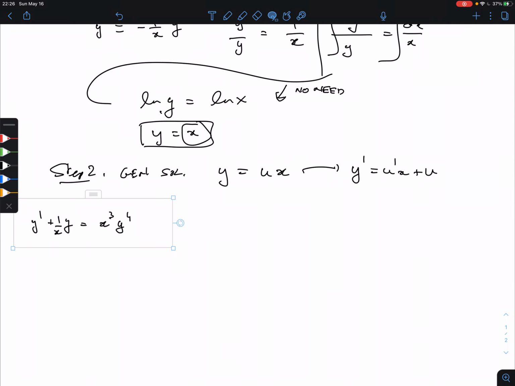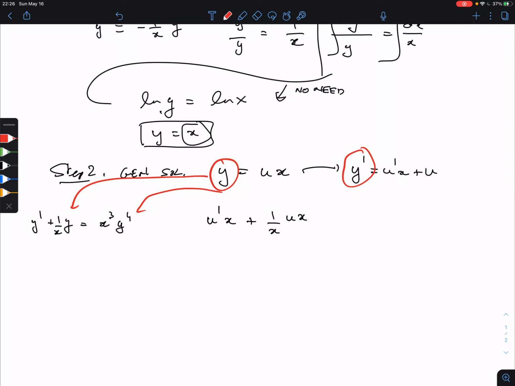So what we have is u prime x, plus 1 over x times ux, that is y. What I'm going to do is, in each of these cases, replace this y, and this y, and of course y prime, perhaps in a different color.